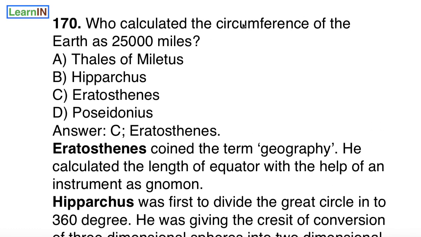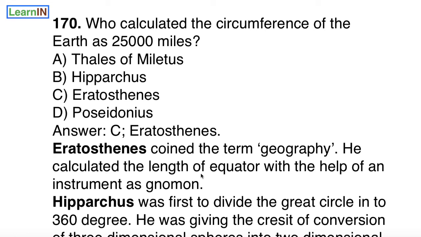Moving to the next. Who calculated the circumference of the earth as 25,000 miles? It was Eratosthenes. He also coined the term geography, where geo means earth and graphy means study. In simple words, the study of earth, that is geography, is the term given by Eratosthenes.